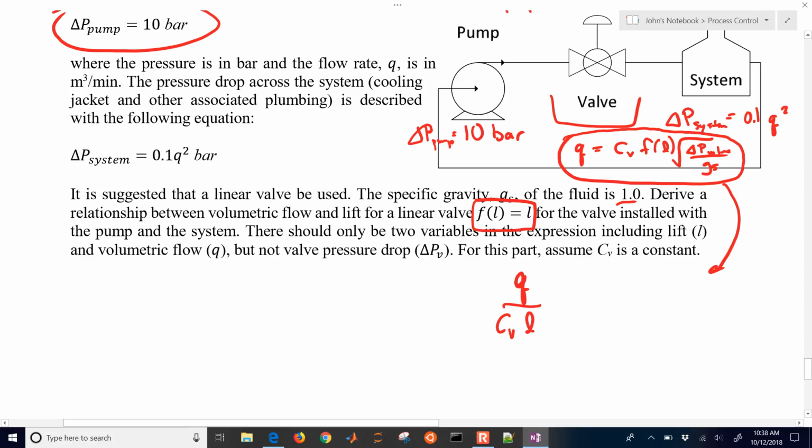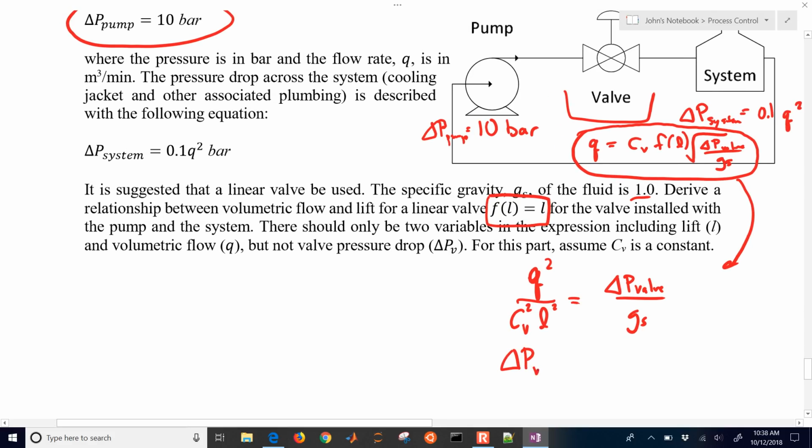We'll substitute in just the L because it's a linear valve, and we'll square all of that to come up with delta P of valve divided by specific gravity. And just multiply over the specific gravity to get the delta P across the valve equals Q squared over CV squared times L squared times GS.